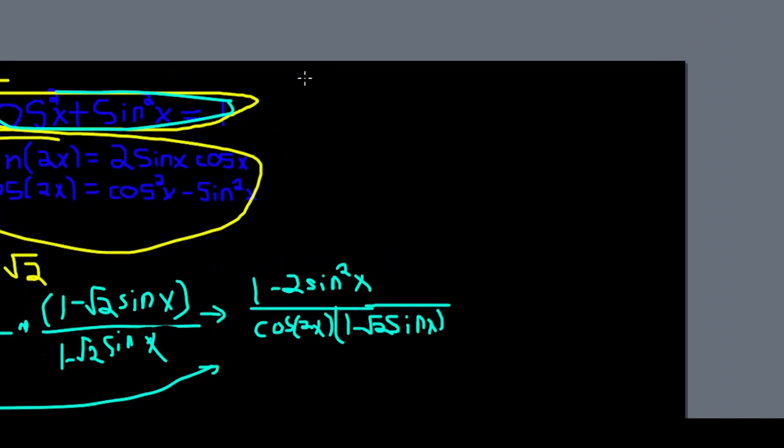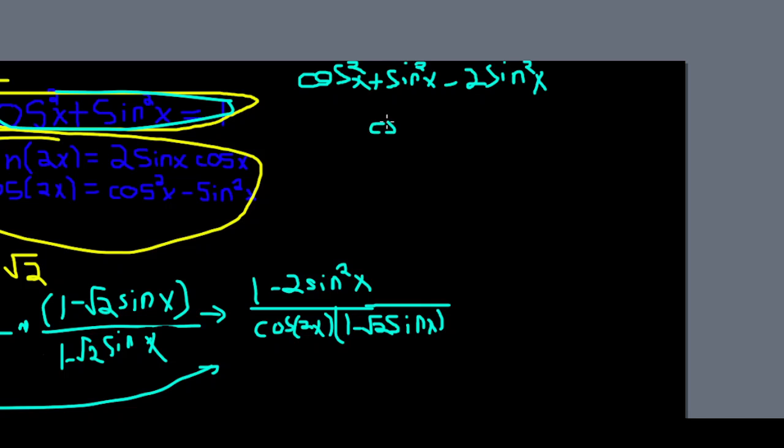So remember 1 is equal to cosine squared plus sine squared. We put those x's. And then we're going to subtract 2 sine squared x.